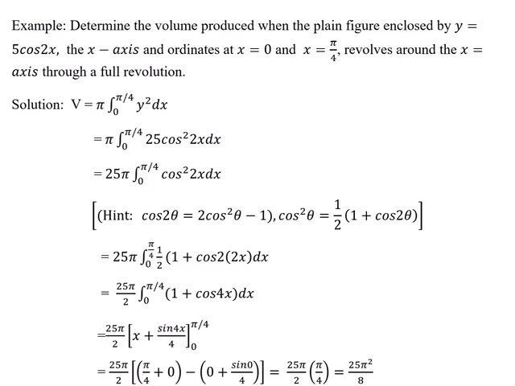These are the hints given here. cos 2 theta is equal to 2 cos squared theta minus 1. And cos squared theta is always equal to 1 over 2 into 1 plus cos 2 theta. You can at the same time rewrite this as 1 all over 2 plus cos 2 theta all over 2. So get the integration, then substitute the intervals given.